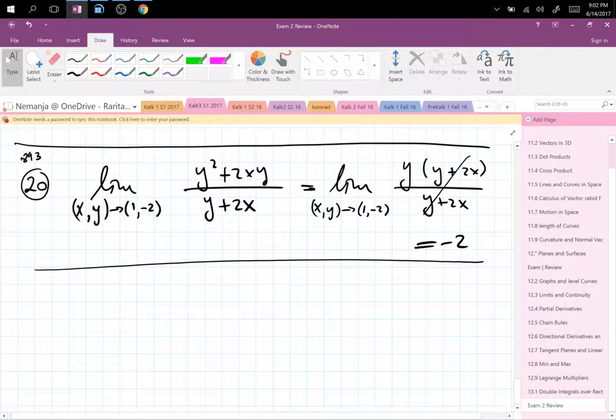So you are hoping to run into an issue with two paths giving you two different limits, which actually disproves that the limit exists. If it's 0 to 0, then we know. Yes. Very good. But if you can't do anything, you can try the paths when it's 0 to 0.